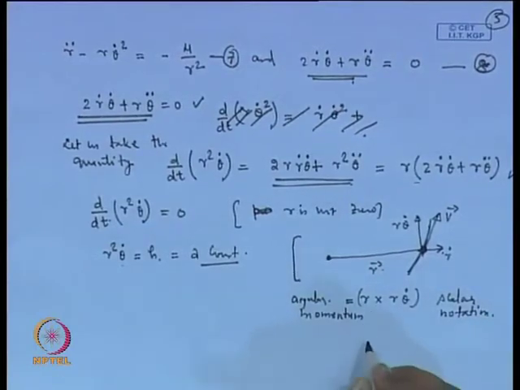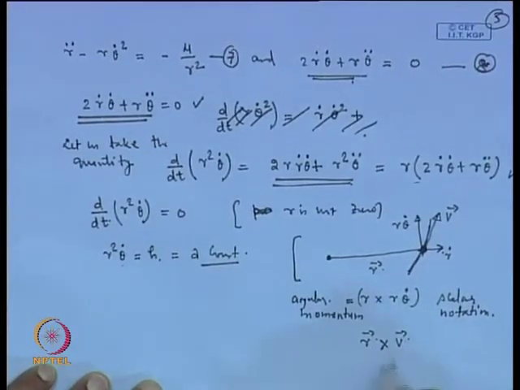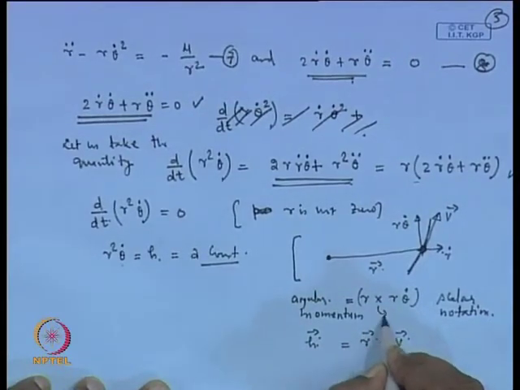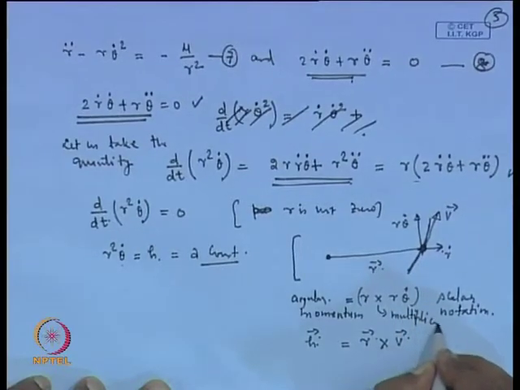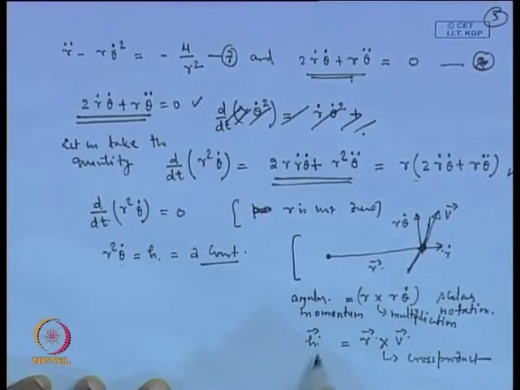If we want to write the same thing in vector notation, then we have to write r cross v. So, this is the angular momentum vector h here. Okay. And if we expand it, we get the same quantity. So, here this is simple multiplication, while here this is the cross product, and we can check from this place h is equal to r cross v.